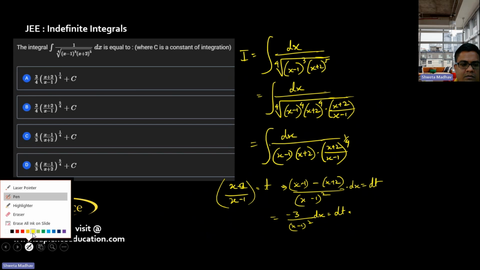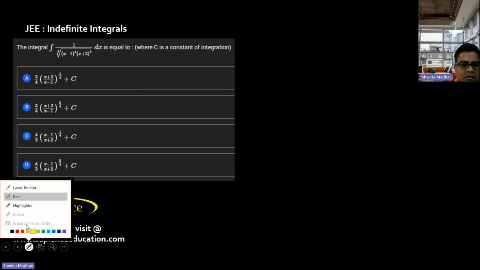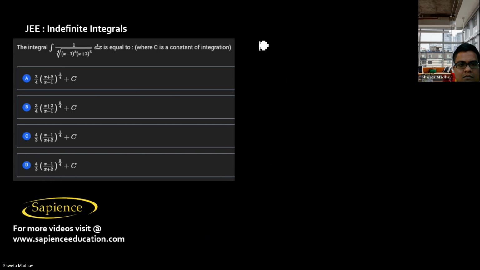We can write it like this. We can take I as integral dx by x minus 1 whole power 3 by 4 into x plus 2 whole power 5 by 4.